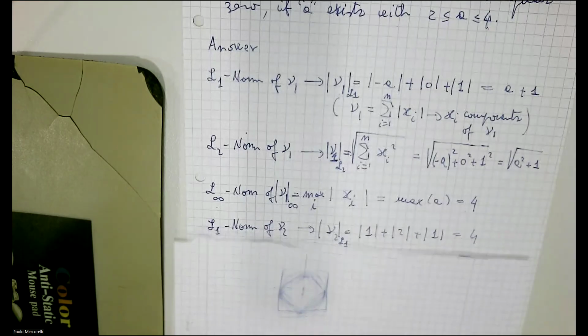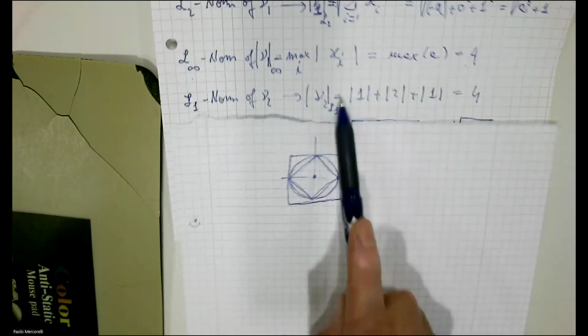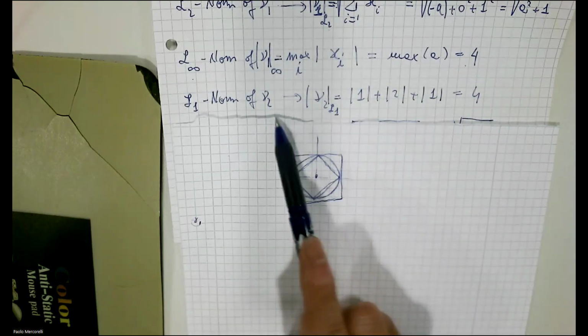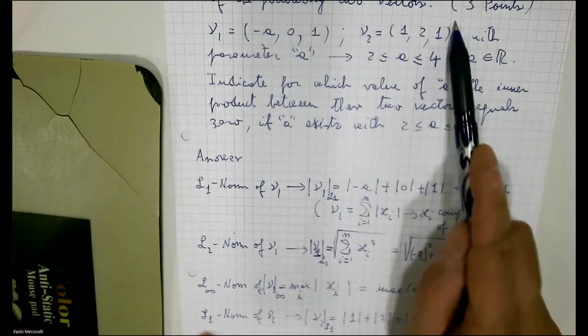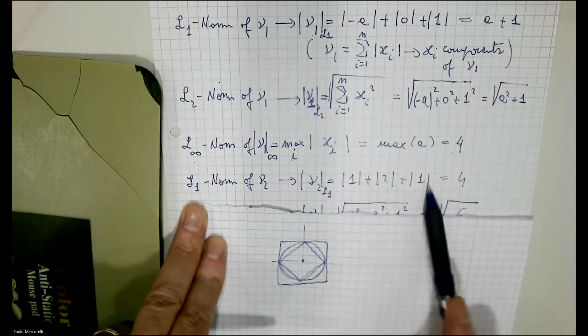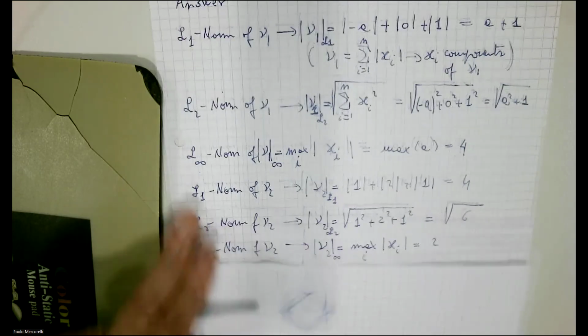And I can do the same for V2. I can apply the definition. I sum the absolute values of components. Please consider V2. You have to consider this: 1 plus 2 plus 1. This means 4. No meaning for the absolute value. I mean, I can do it, in accordance with the definition, but it doesn't change anything. What about the norm 2 of V2?